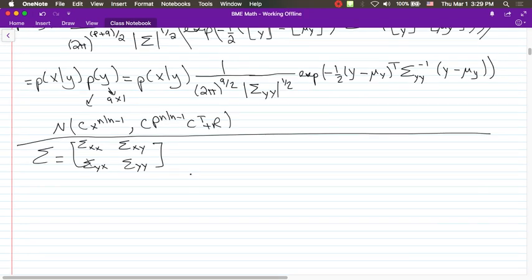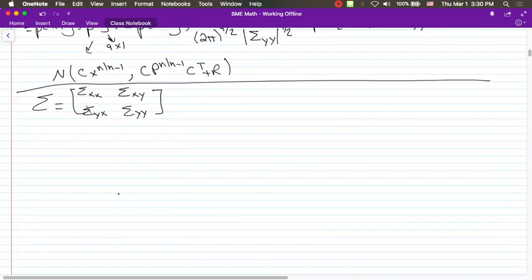And what I need to do is to factor the determinant and the inverse of this matrix, because I have to get this inverse to be made up so I can somehow get the sigma yy out of the inverse. And so to do that, I'm going to have to do some work on the determinant and some work on the inverse. So let me show you how we're going to do that.